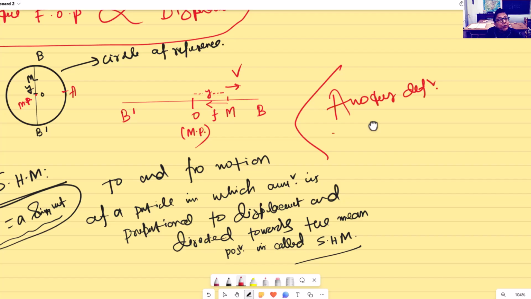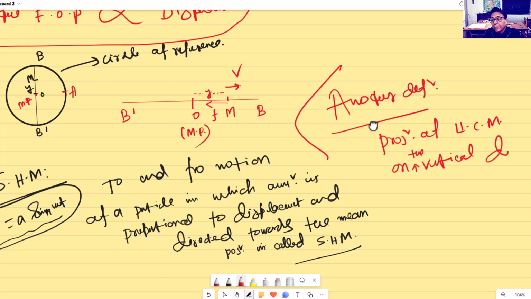Okay? So, we first define simple harmonic motion as the projection. Circle of reference I already told. What is that definition? That is the projection of UCM on the vertical diameter is SHM.